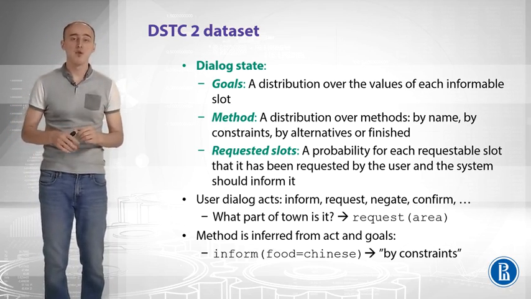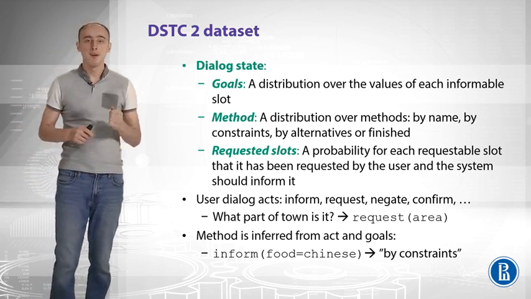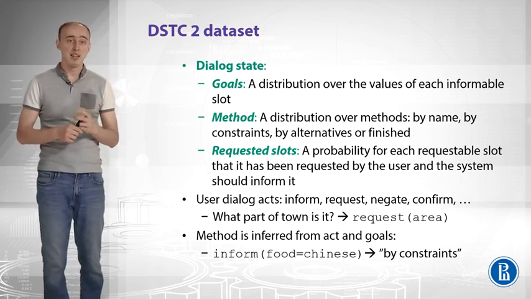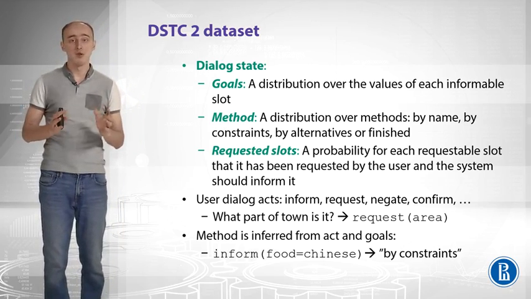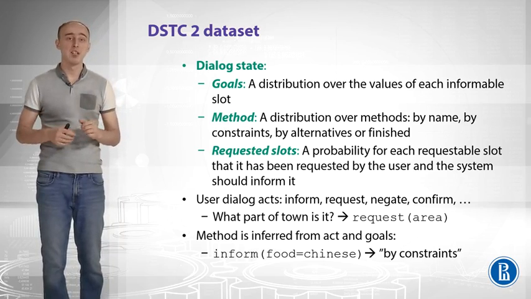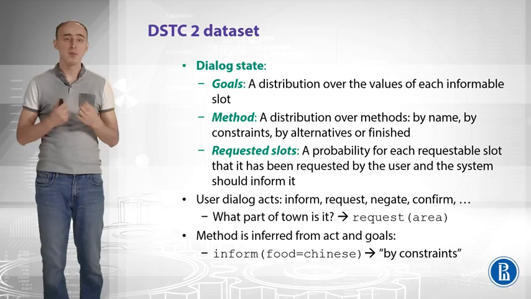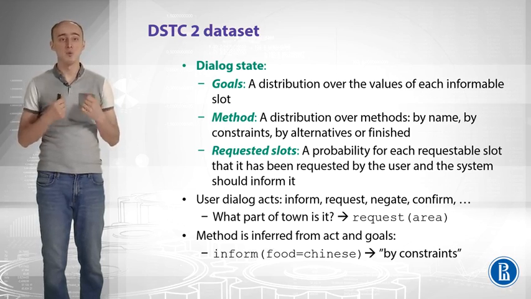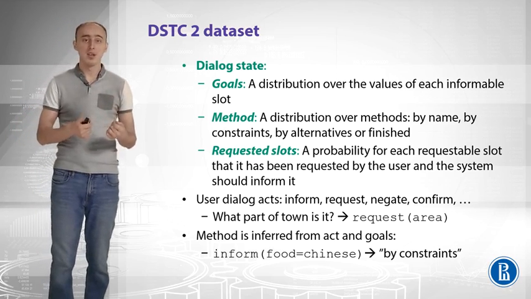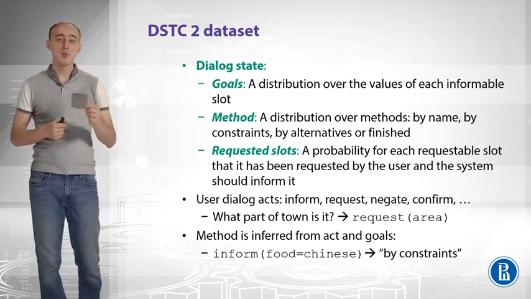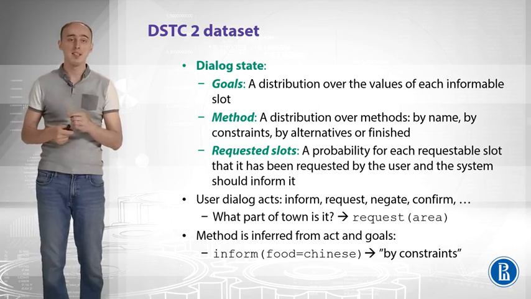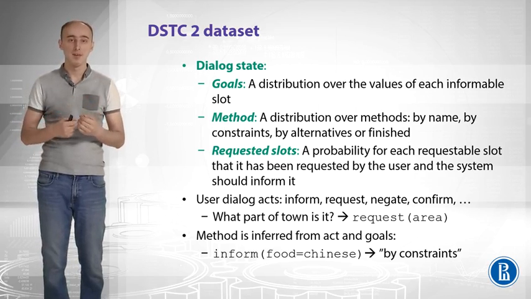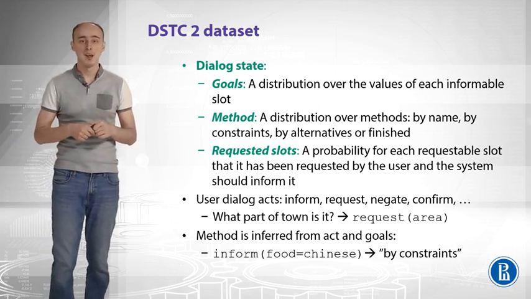That is a distribution of methods, namely by name, by constraints, by alternatives, or finished. These are the methods that we need to track. The user can also request some slots from the system, and this is a part of the dialog state as well: the requested slots that the user needs. That is a probability for each requestable slot that it has been requested by the user, and the system should inform it.